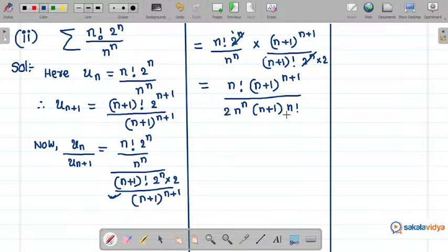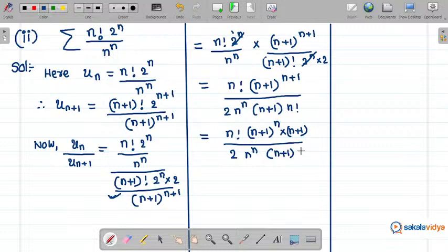Also n plus 1 to the power of n plus 1 we can write n plus 1 whole to the power of n into n plus 1, divided by 2 into n to the power of n plus 1 into n factorial. See, n plus 1 got cancelled, n factorial got cancelled.